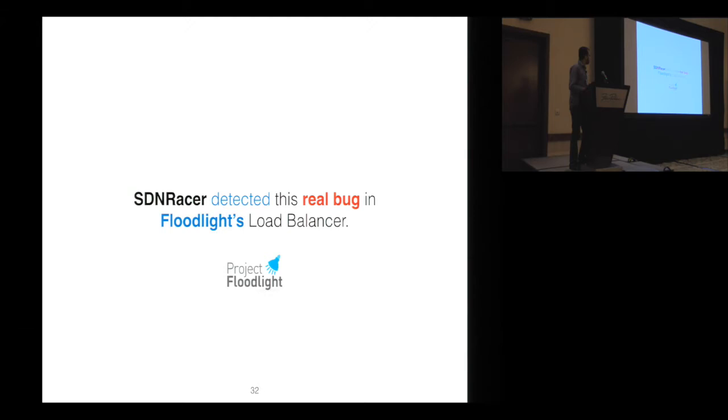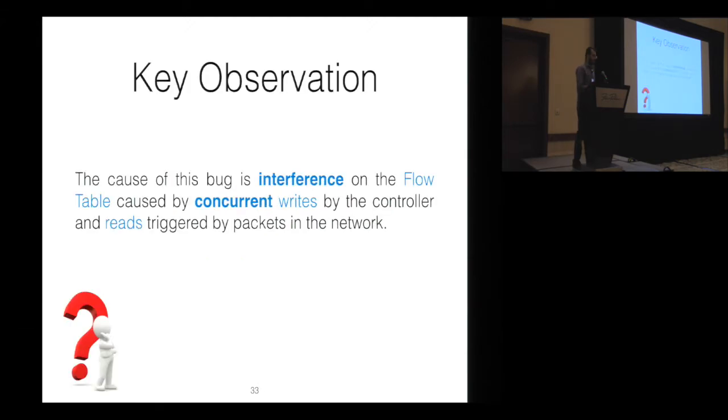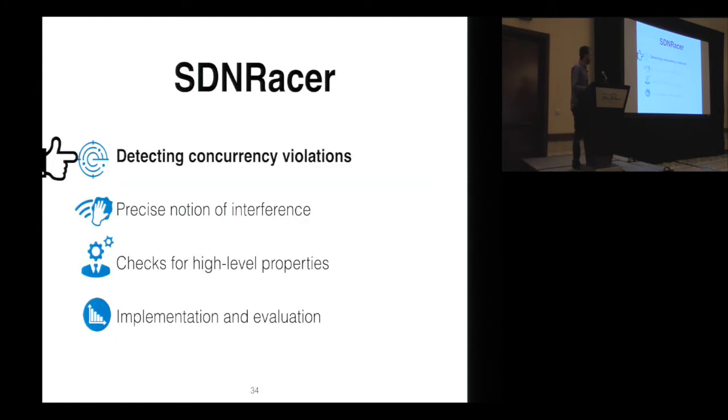And as this bug actually is interference in the flow tables, where they're traversing this network. And then how to have a precise notion of the interference.